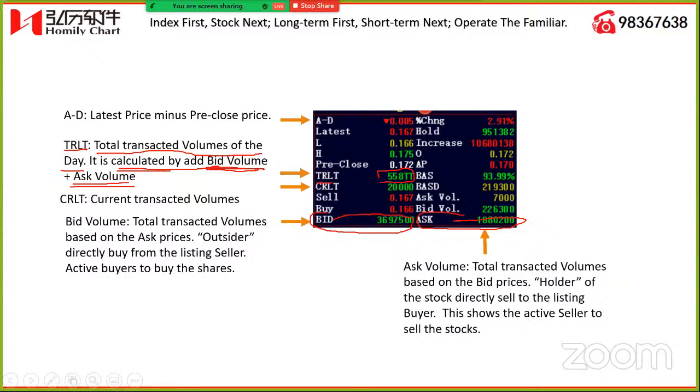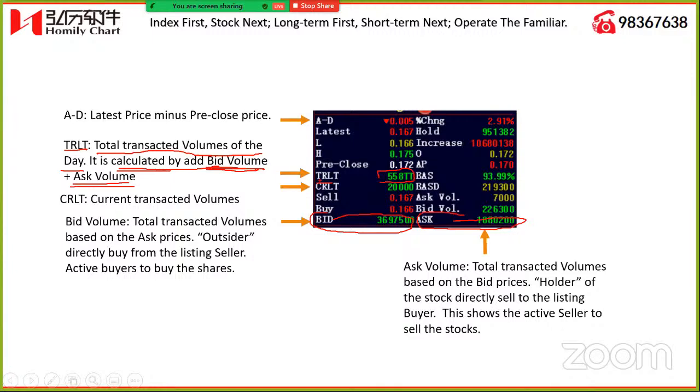So sometimes people will ask, when we do a trading, there are always buy and sell. There are some buyers, there are some sellers, right? So what is transacted volume? What is bid volume? What is ask volume?